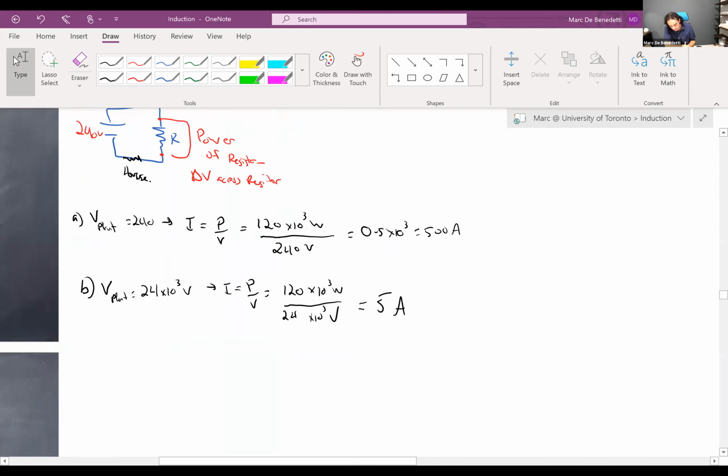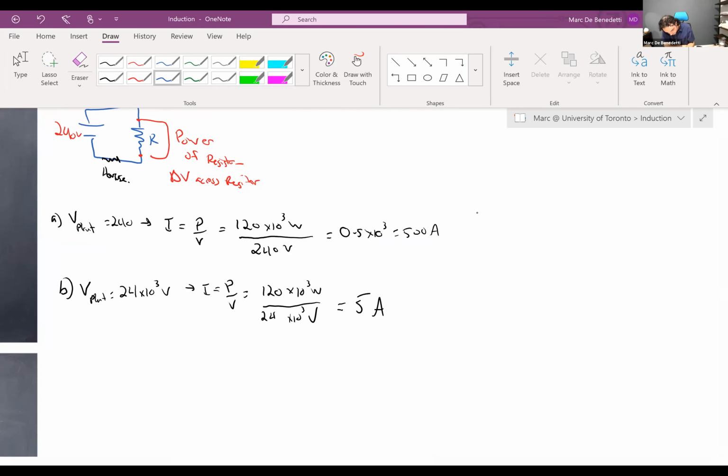So the power loss is going to equal I squared times R. Now in both cases, case 1 and case 2, it's got the same resistance, right? The voltage at which the power plant delivers the current is in no way impacting the resistance of the power lines. So in both cases R is the same.